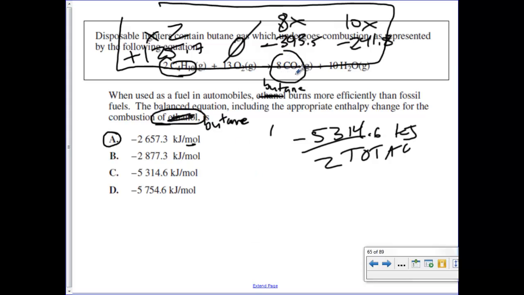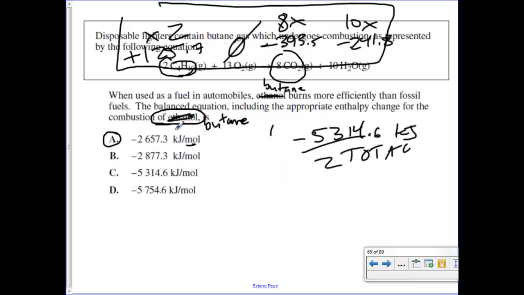Your data booklet gives you the enthalpy per 1 mole of carbon dioxide, so that's why you had to times by 8. It gives you the enthalpy for 1 mole of water, so you had to times by 10. Your data booklet gives you butane as though it's being formed, but you don't want to form this thing. So what you're really doing is taking the reaction and flipping it the other way around. Does that make sense?